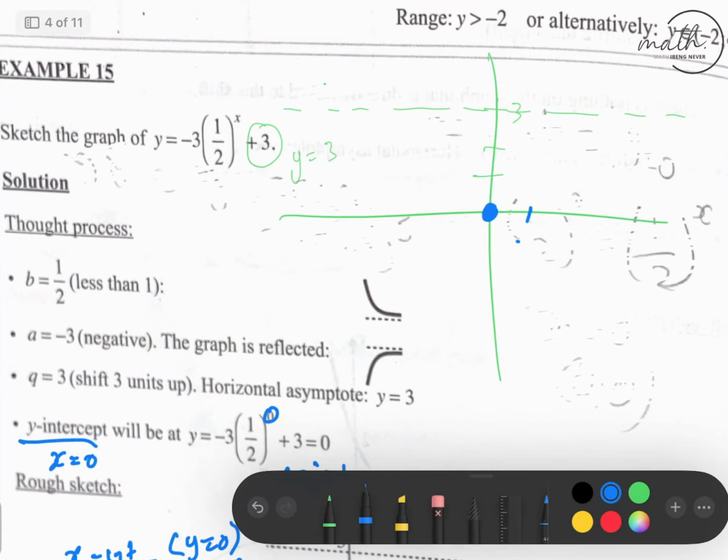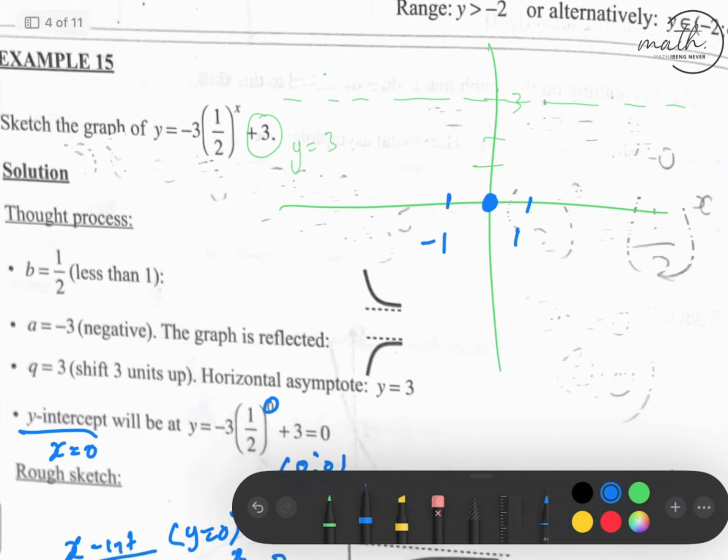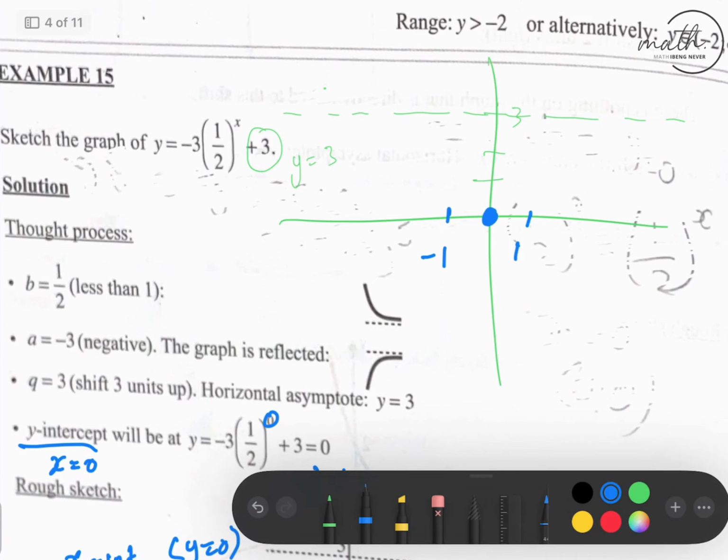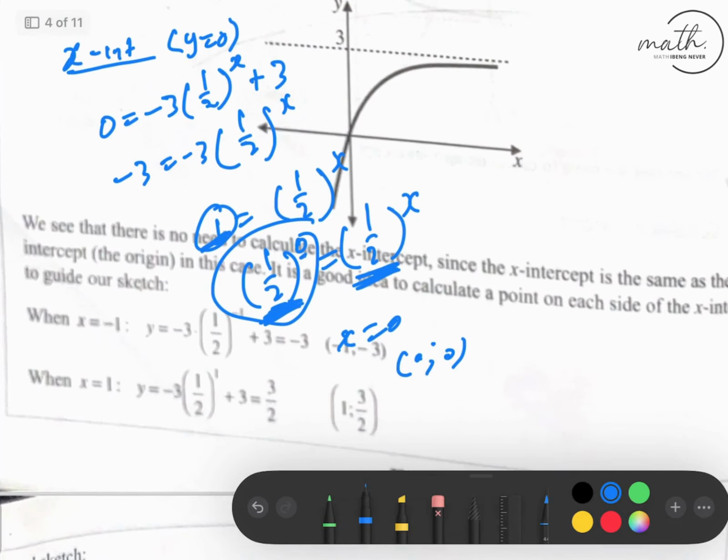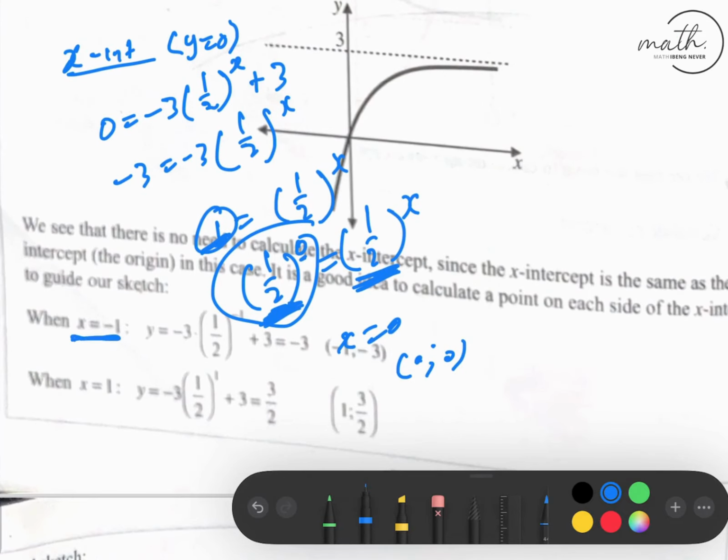That's where you choose 1 or negative 1 for another point so that you see how it goes, because it can either go like that or it goes like that. To find an accurate one, you just take x. Here they took both actually, x equals negative 1 and x equals 1.